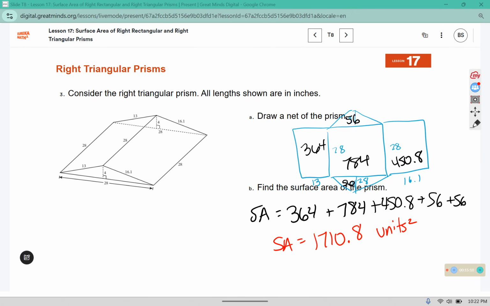And when you add all those up, you get 1,710.8 units squared, because it doesn't tell us if it's feet or centimeters. We're just going to write units.